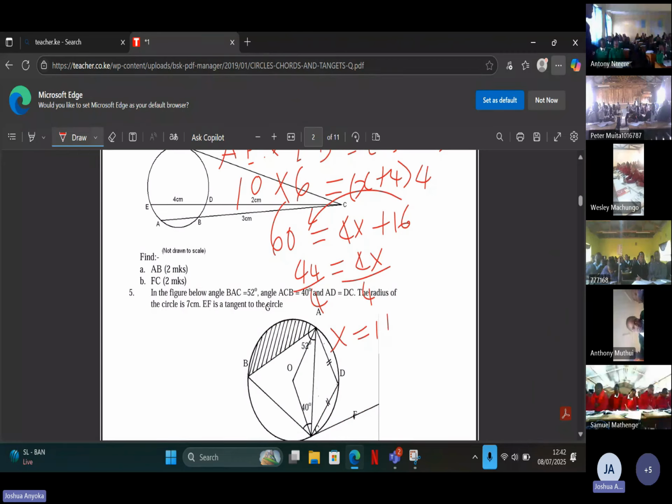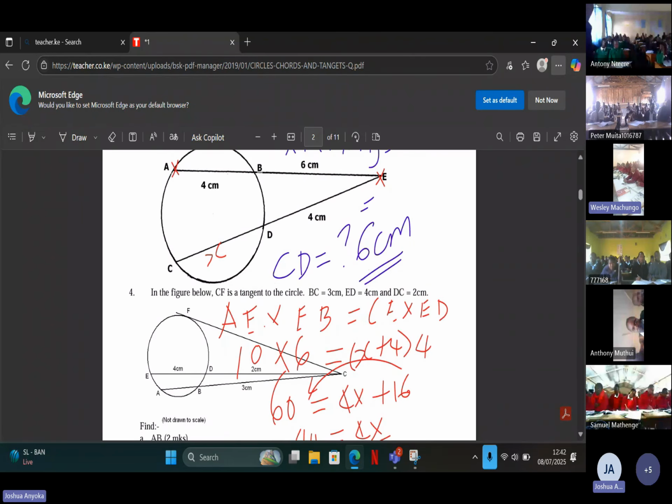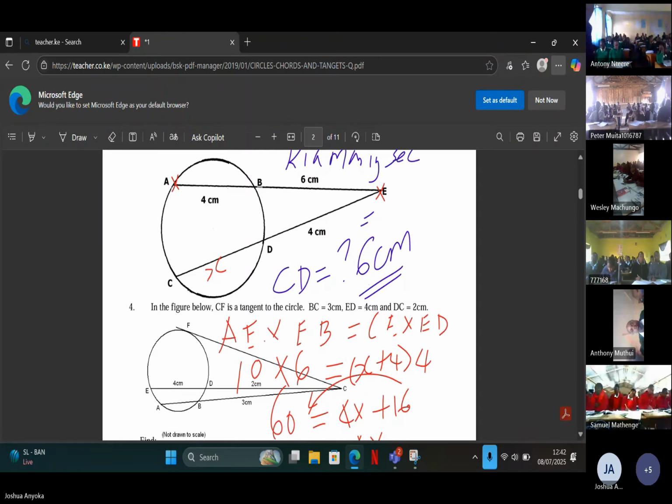And what are we finding in this case? What we are finding is CD. So all of this one, x, is 11.